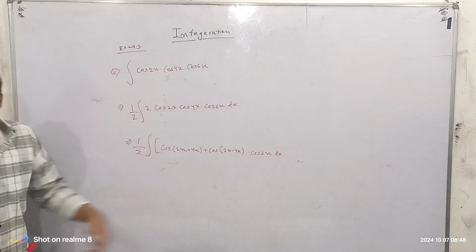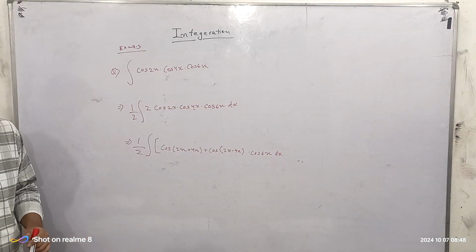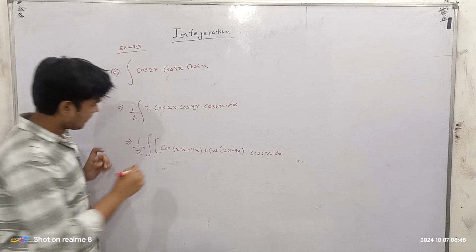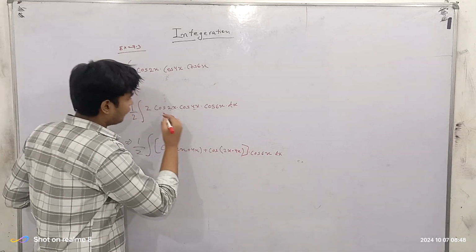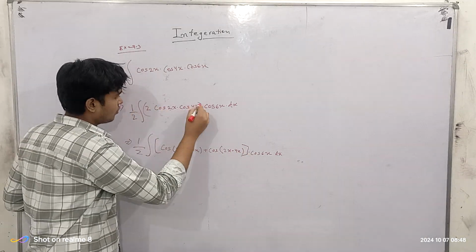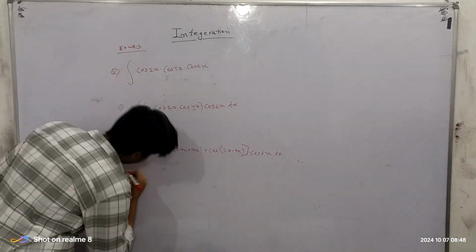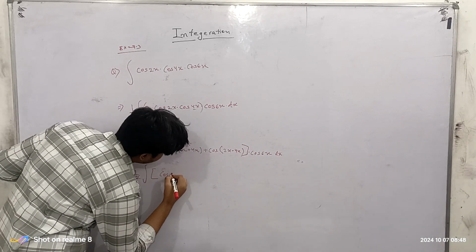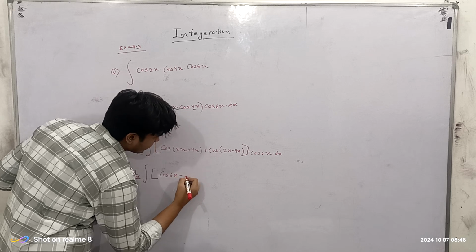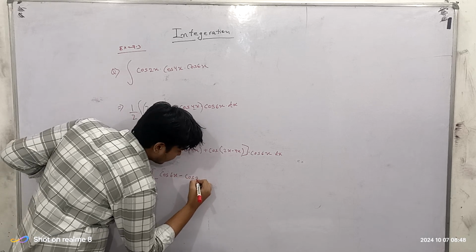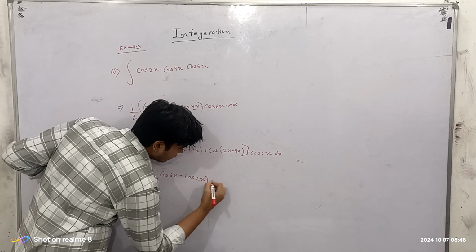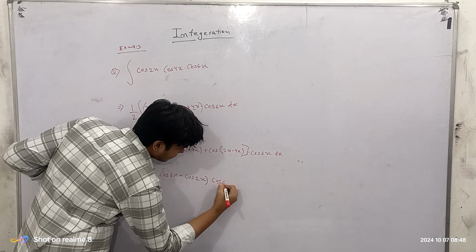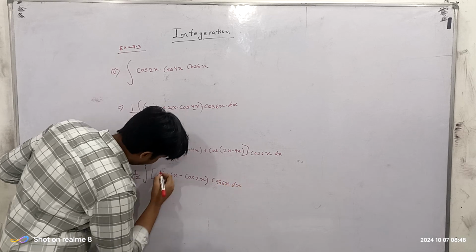This we have written. Now this is the formula of 2 cos A into cos B. Now we will get the value: 1 by 2 integration of (cos 6x plus cos 2x) into cos 6x dx.